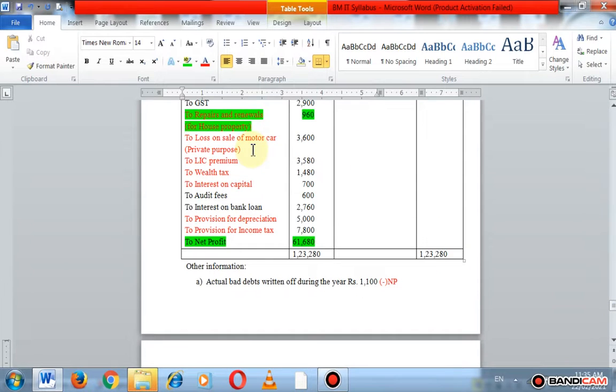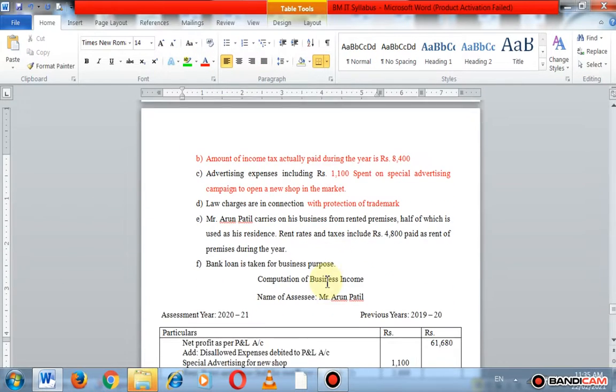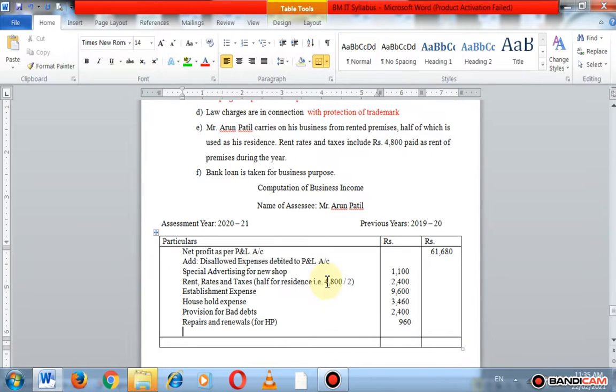Then loss on sale of motor car, private. All capital losses are disallowed, 3600. So add loss on sale of assets, loss on sale of motor car, in brackets capital loss as well as private purpose.